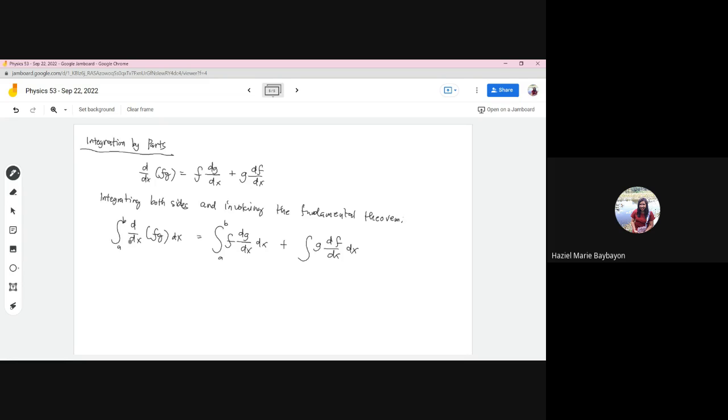Now, we know the integral of a derivative is just equal to f times g, evaluated from A to B. And for the right-hand side, let's just copy this as is: the integral of f dg over dx times dx plus the integral from A to B of g multiplied by the derivative of f with respect to x dx.